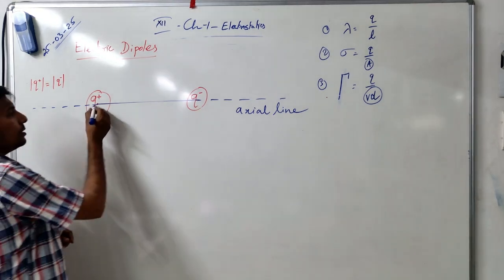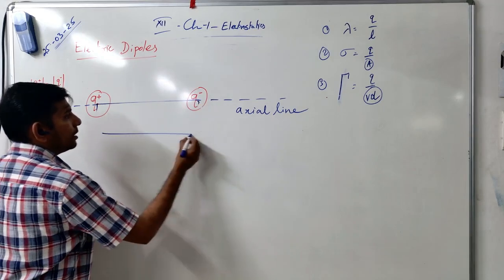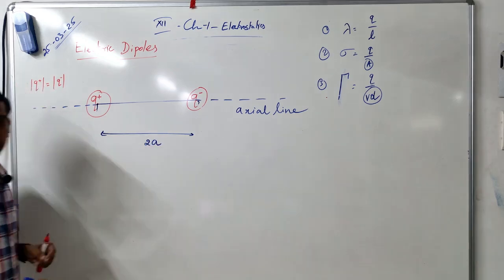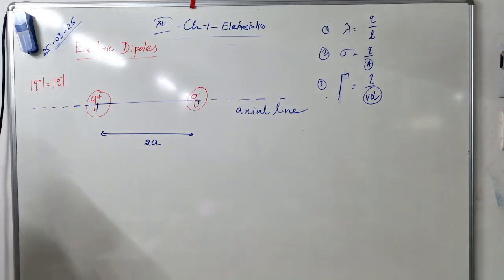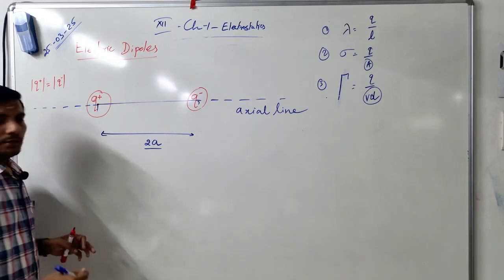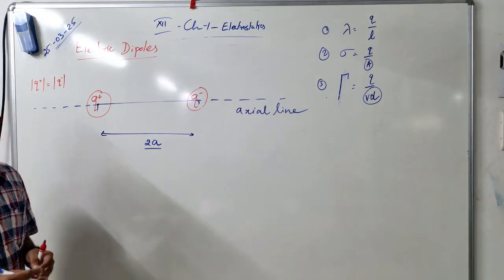And the distance between the two charges is typically denoted as 2a. The distance between the centers of the two charges is denoted with a value of 2 into a.